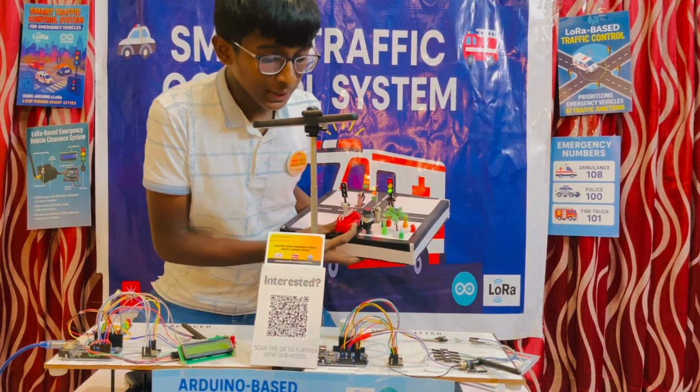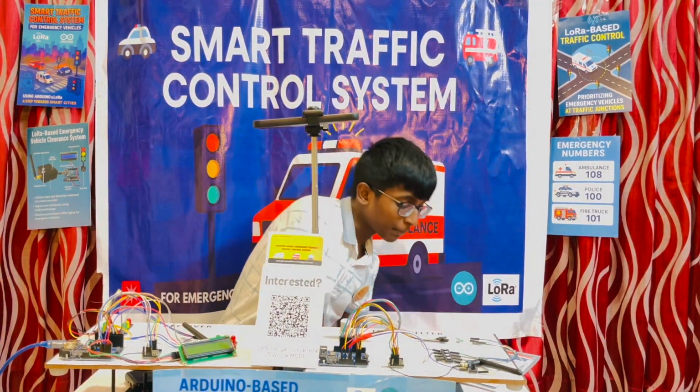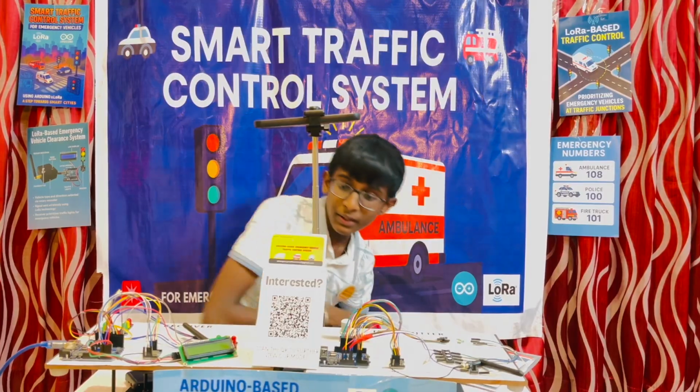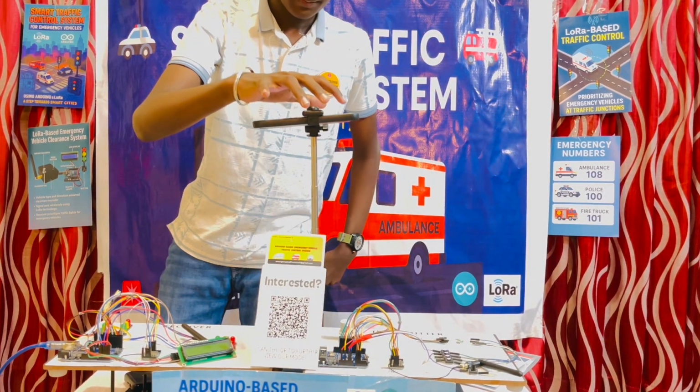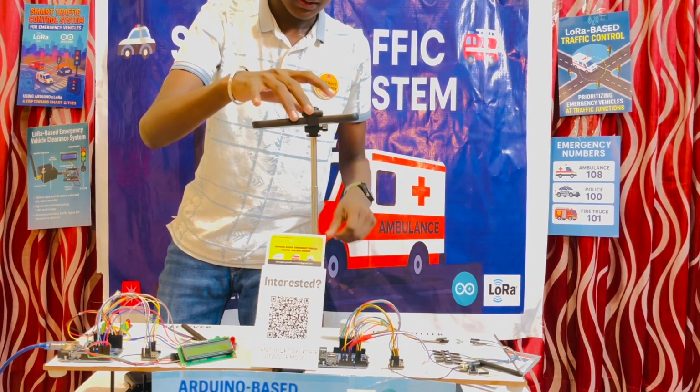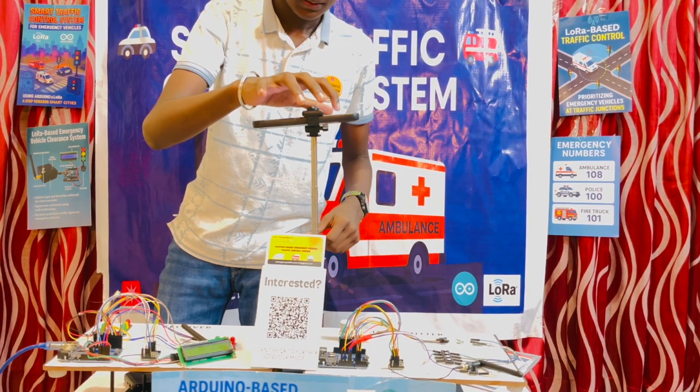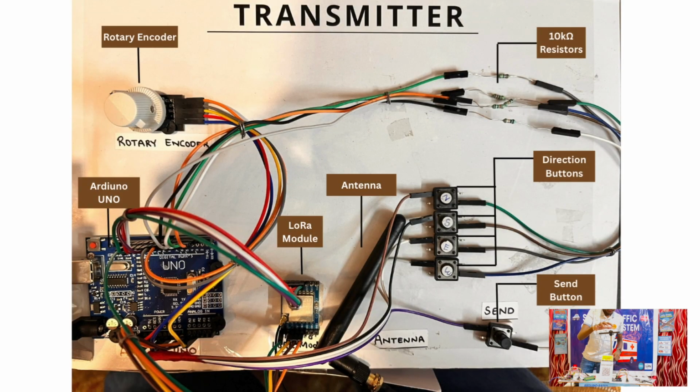Now I'll explain what the parts are used in the transmitter and receiver. As you can see here, I have the main part, that one is the LoRa module. The full form of LoRa is long range.